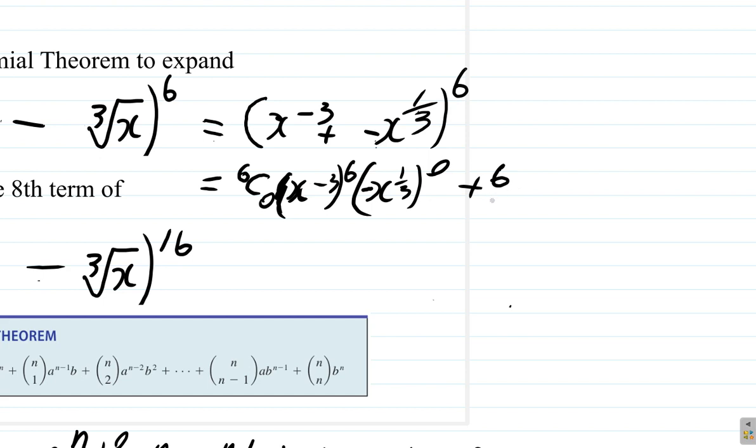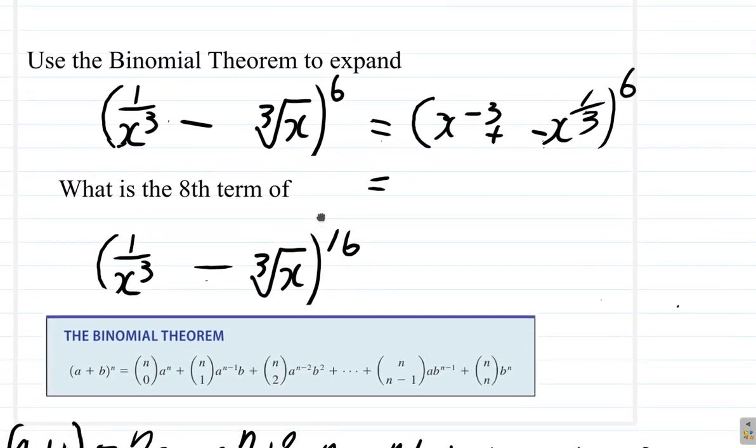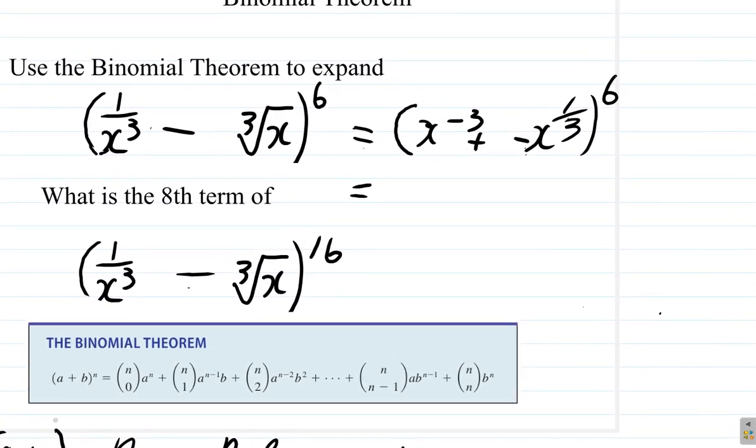In fact, let me rewrite all of this using different colors. So we have nC0, then we have x to the negative 3.